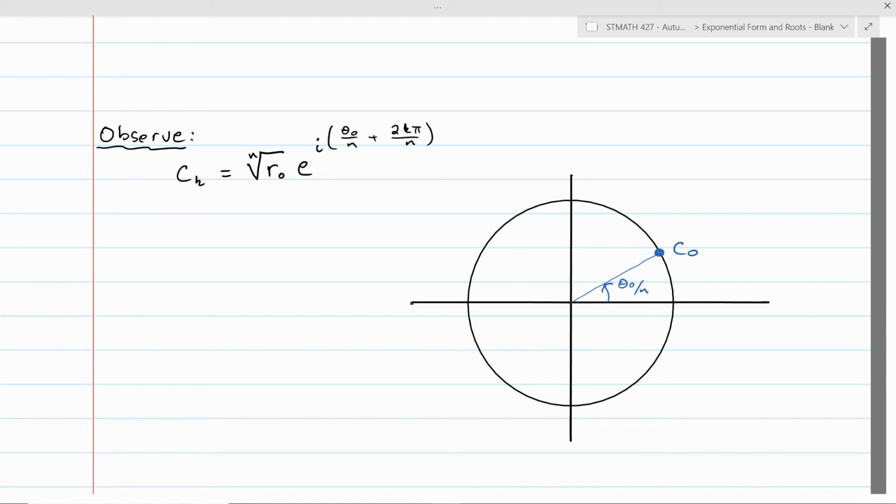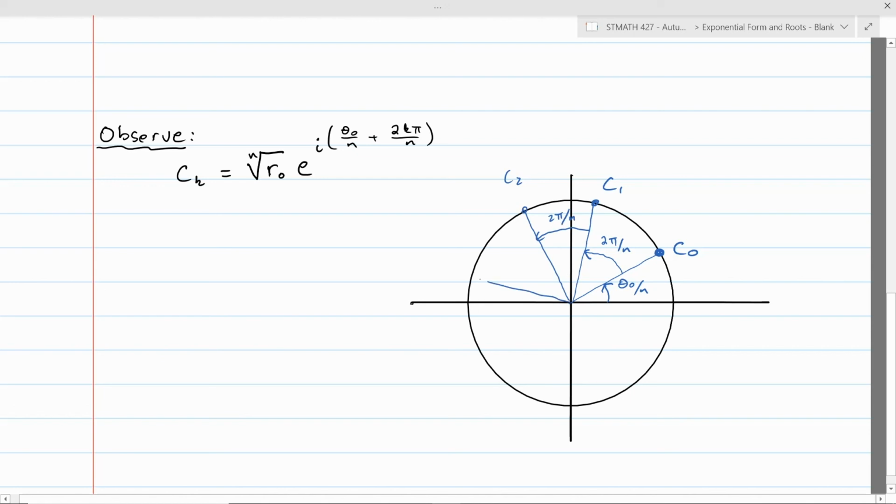Then c1 is going to be here, and the angle going from c naught to c1 is 2 pi over n. Then you're going to have another one over here somewhere, c2, where this angle is 2 pi over n.